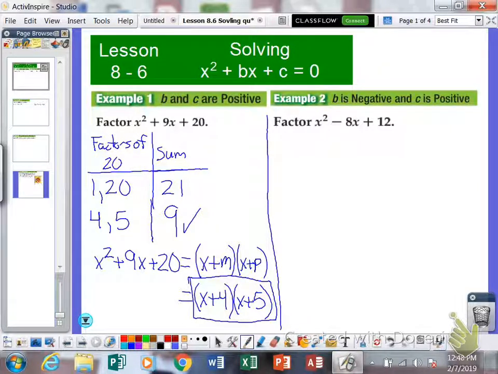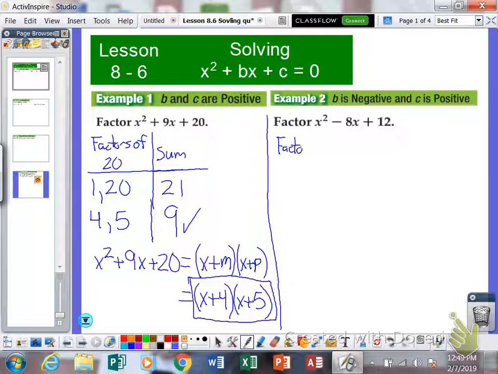So let's look at our second example here. This is where b is negative and c is positive. Since c is positive and b is negative, we're going to need to find two negative factors with a sum of negative 8 and a product of 12. So let's make our chart here again.